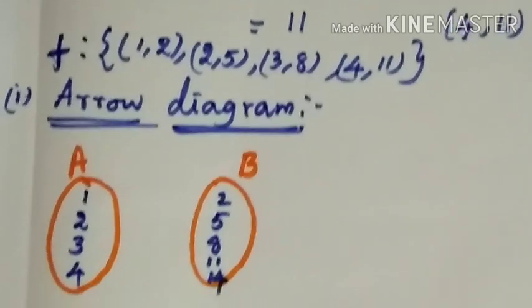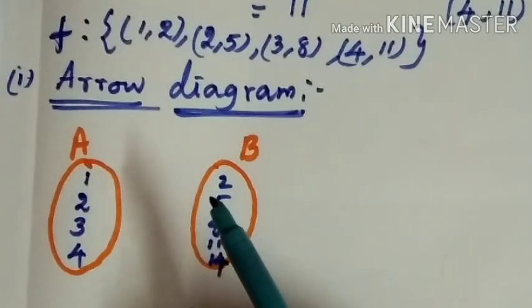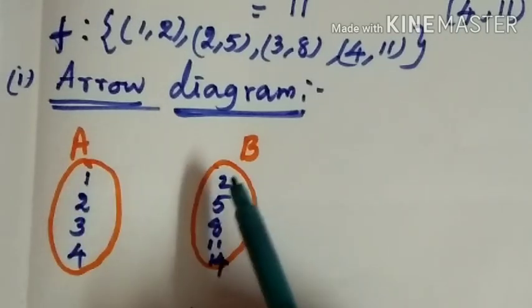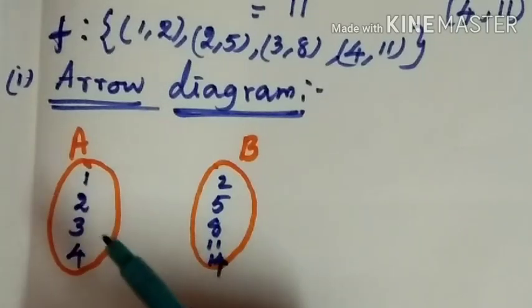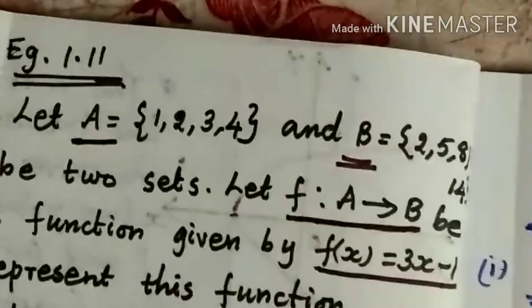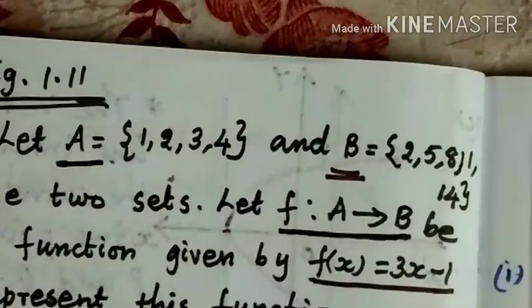Now come to the first heading, arrow diagram. See, for this arrow diagram, first you take down and write the given set A. Set A elements 1, 2, 3, 4.